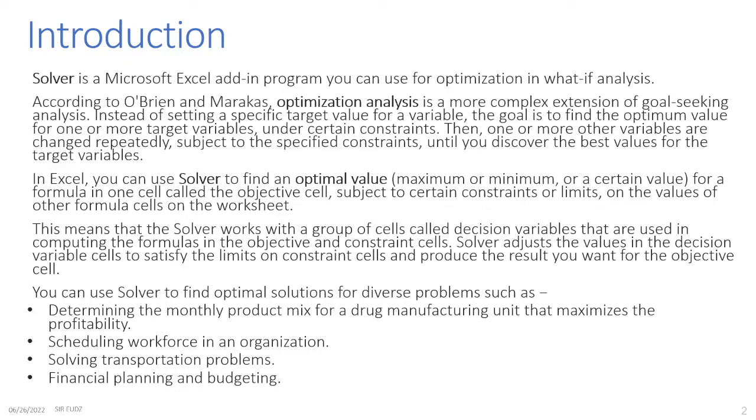You can use Solver to find optimal solutions for diverse problems such as determining the monthly product mix for a drug manufacturing unit that maximizes profitability, scheduling workforce in an organization, solving transportation problems, financial planning, and budgeting.